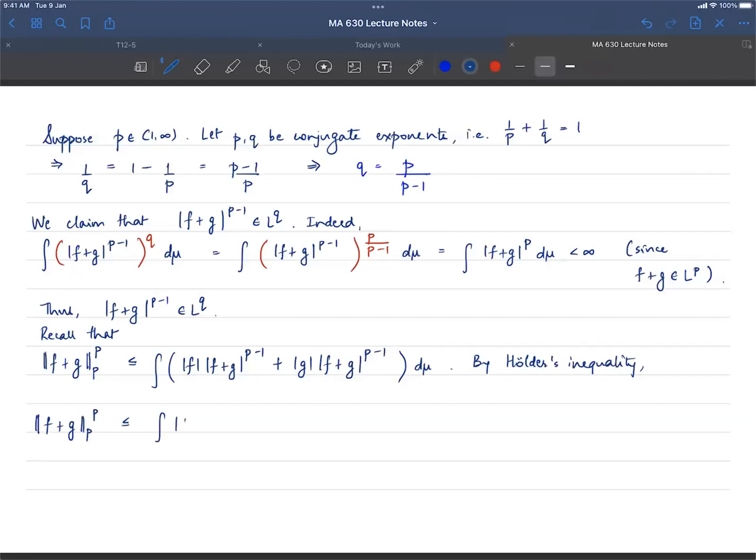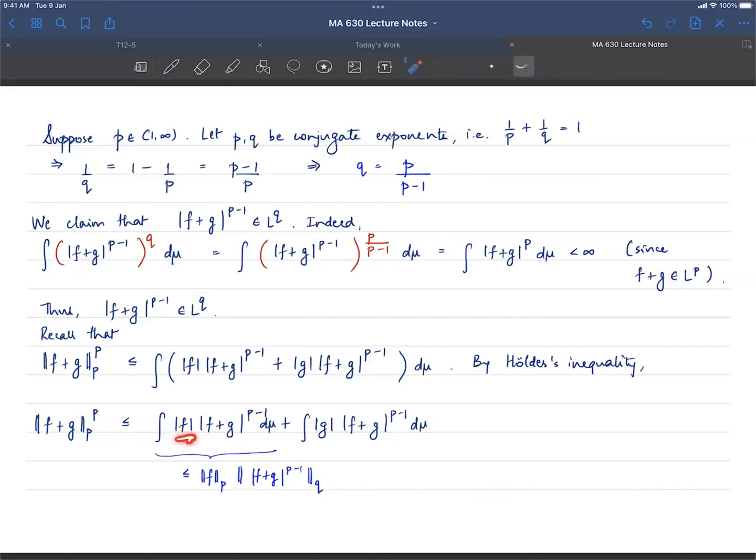Actually, let's just break it up into one more step. You're adding these two integrals, and then you will say that the first one is less than or equal to norm F in LP and norm F plus G to the P minus 1, this norm in LQ. Do you guys agree with that? This is just Holder's inequality.